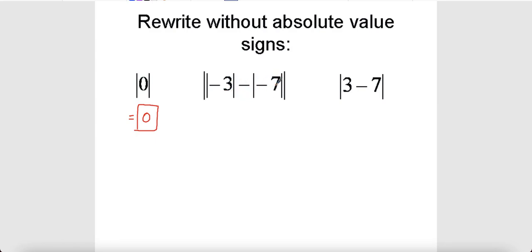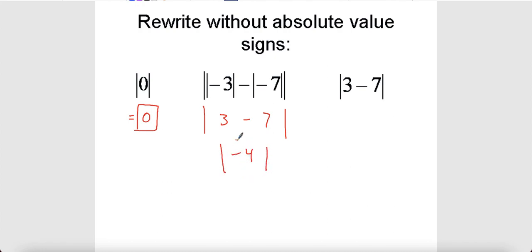Okay, I've got some absolute value in here. So I've got the absolute value of 3 minus 7. But again, I perform this operation prior to actually assessing the absolute value. So I do 3 minus 7 first, that's negative 4.